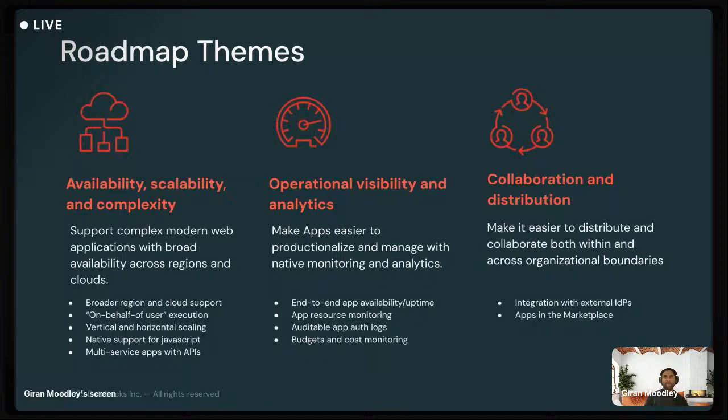To help unlock that, we understand there are some aspects today which we want to improve and broaden. I want to break this down into three important themes: the availability of the raw platform as a service, looking at it from an operational lens, and then how we democratize and distribute that out to users.